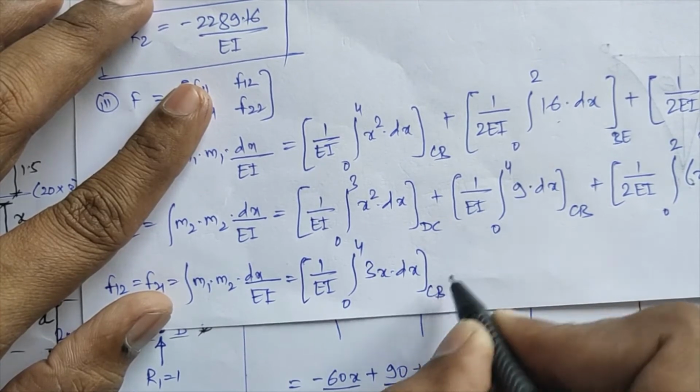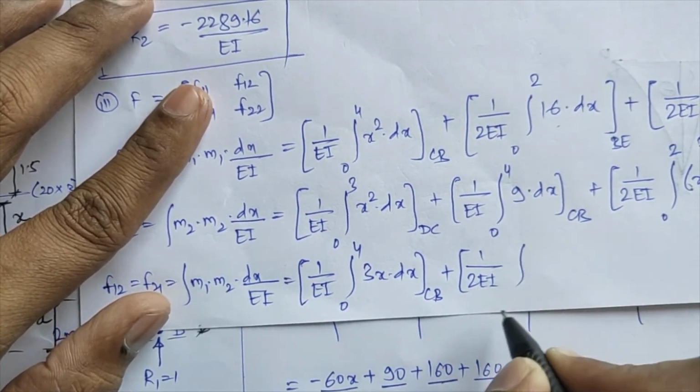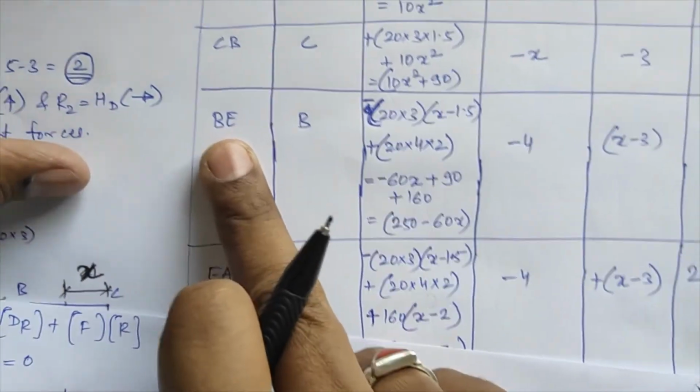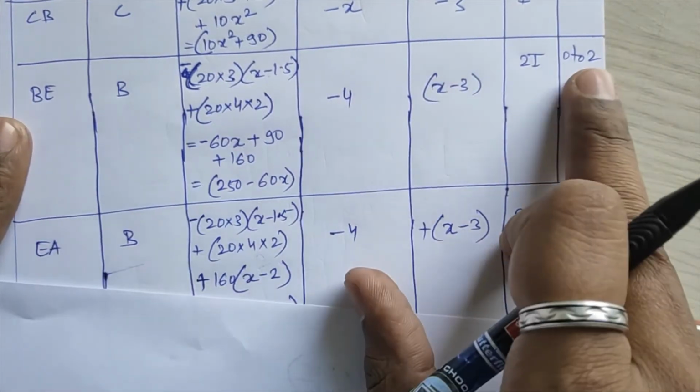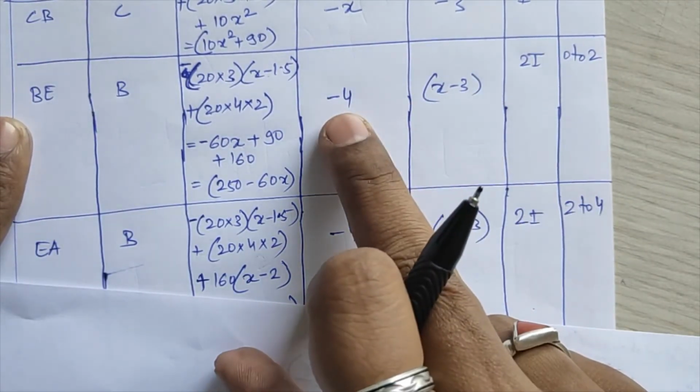plus 1 upon 2 EI within limits of integration 0 to 2, that is for your portion BE. So this I get within limits 0 to 2, the value x minus 3 into minus 4.